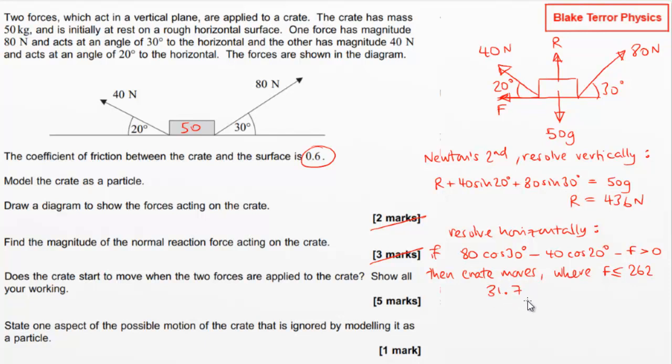All right, so there's very little difference between these, which is pretty much what you'd expect. Looking at it, it's only 80 and 40, so you're not going to get a very big difference between these two things when they've got very similar angles. So minus 262 is putting us down at less than 0. Therefore, the crate does not move.